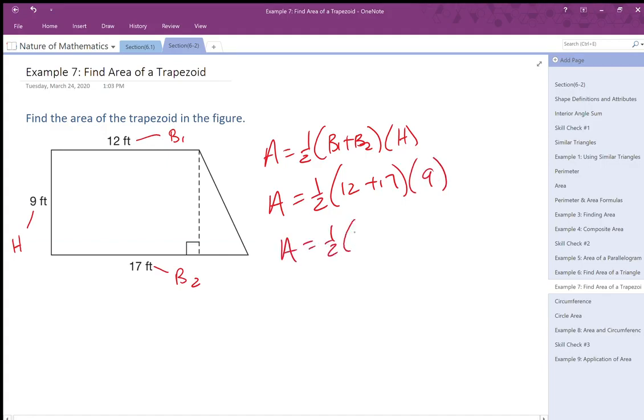Area is 1/2 times 29 times 9. 0.5 times 29 times 9, and we have area is equal to 130.5 feet squared.